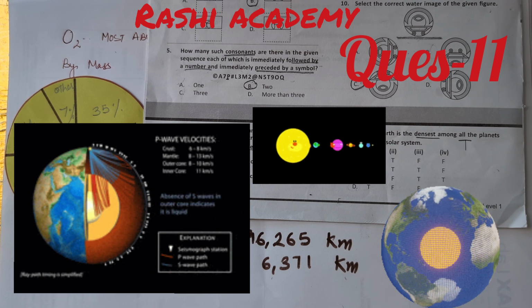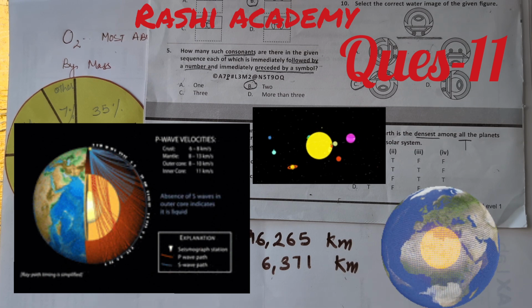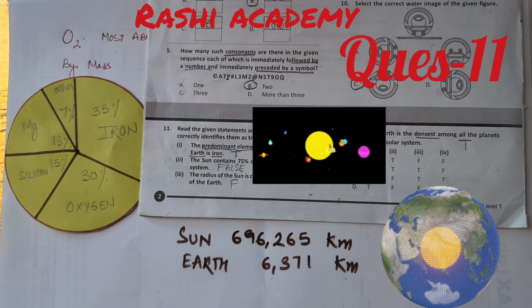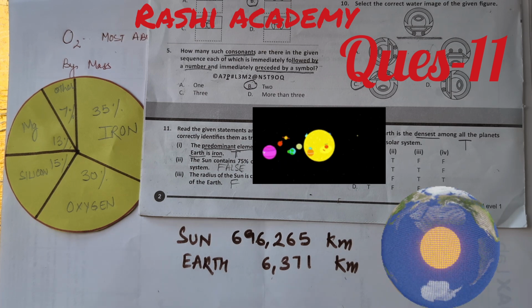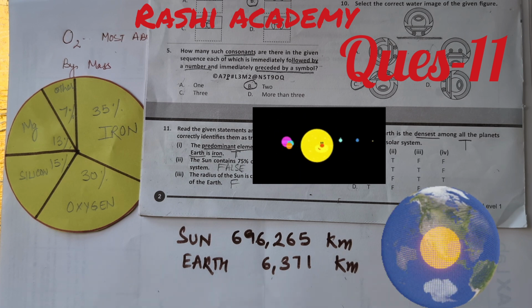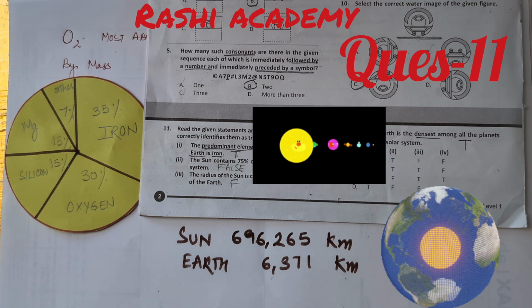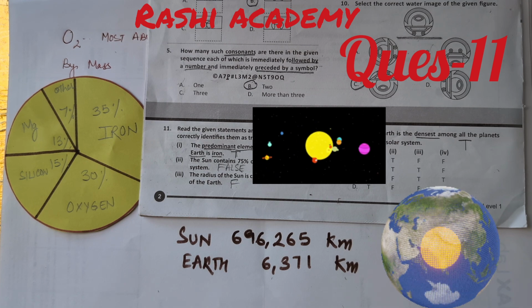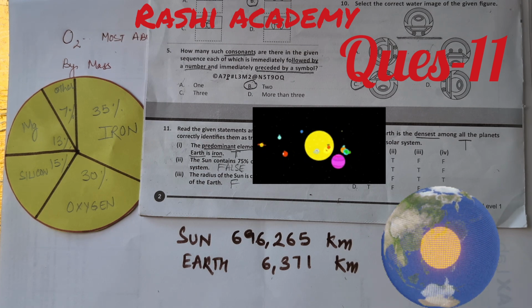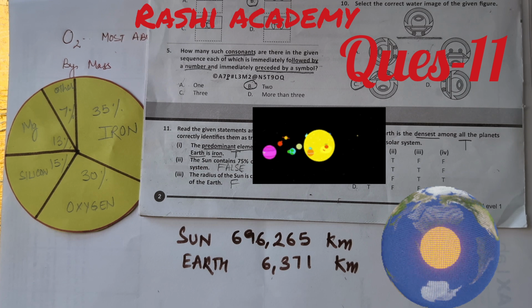Mercury is almost as dense as Earth. Why? Because it looks smaller than Earth, but Mercury has a large iron-rich core. So it's near about that, but Earth is denser than Mercury.